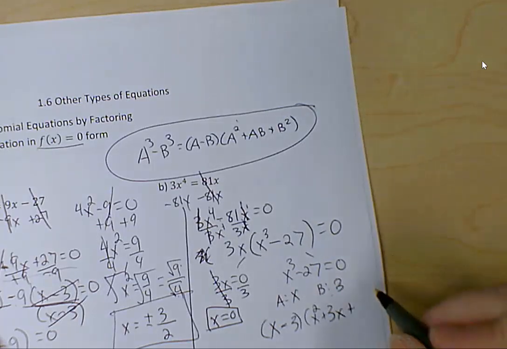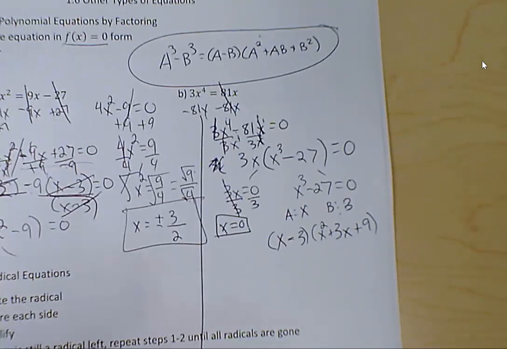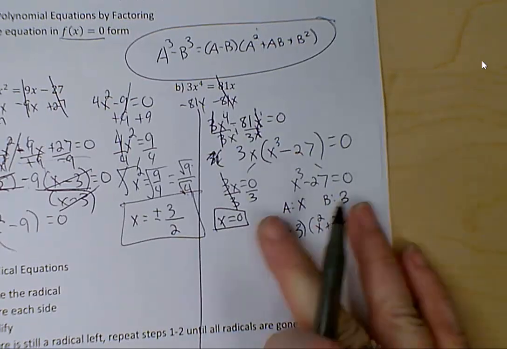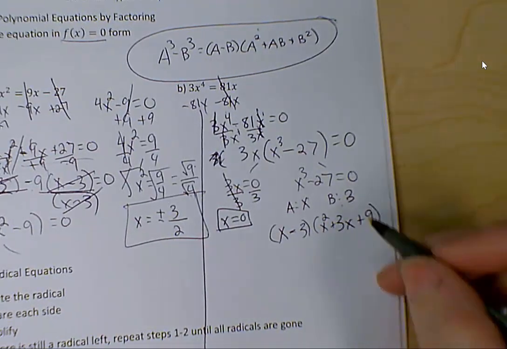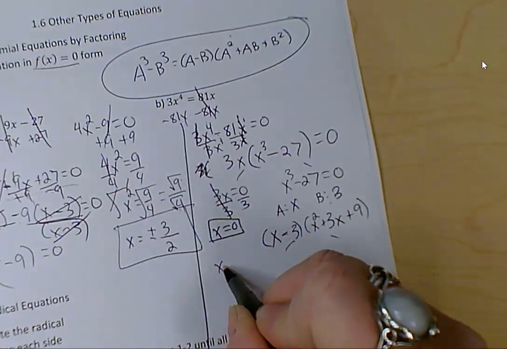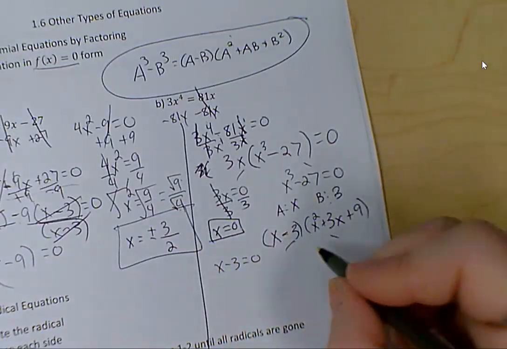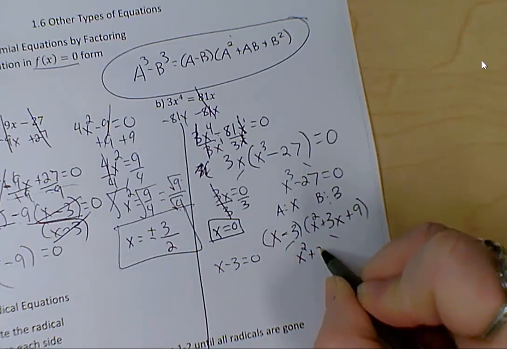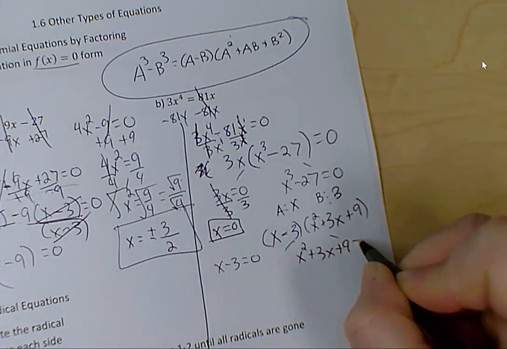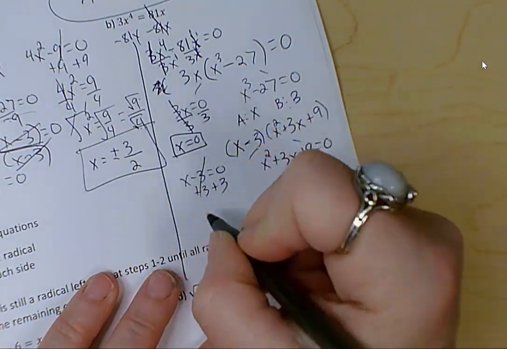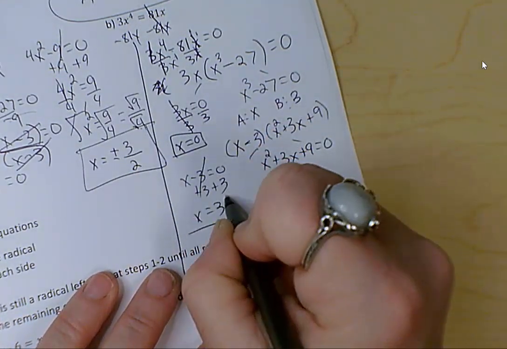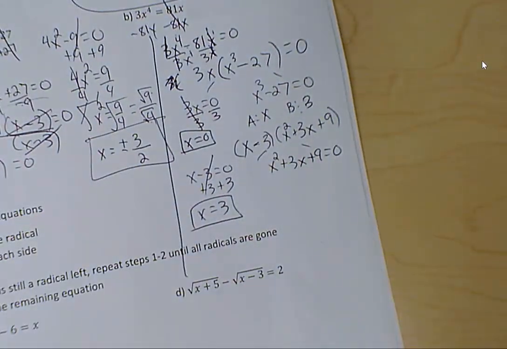Well, if we take 3 and we square it, we get a 9. So these are the factors that we're then going to have to solve. If we split these up, we have x minus 3 is equal to 0. And we have x squared plus 3x plus 9 is equal to 0. Add the 3 to the other side, and we have our second solution, x is equal to 3.